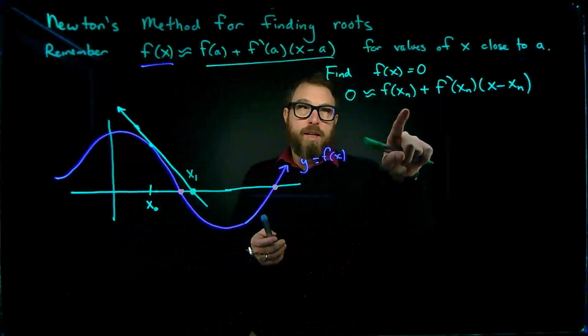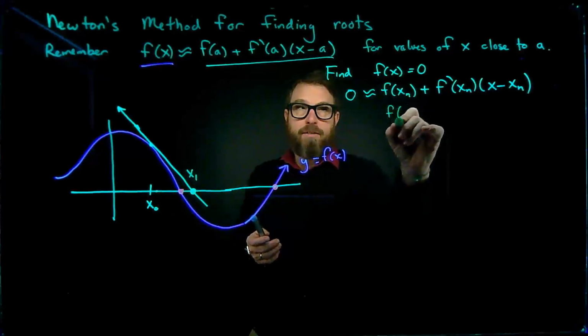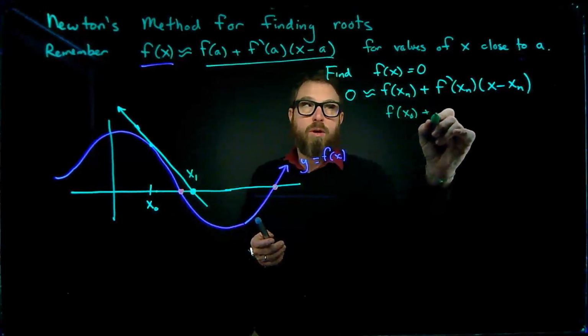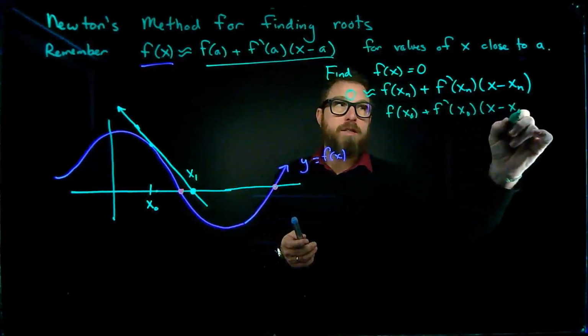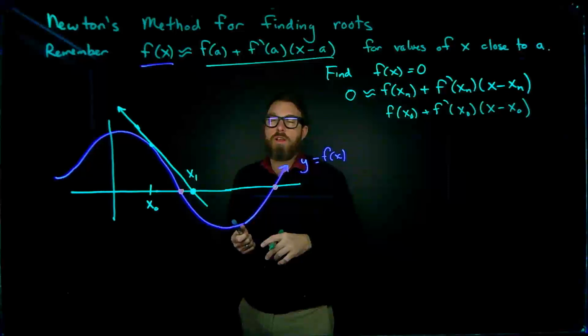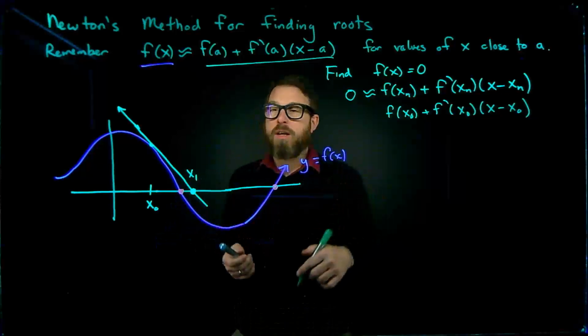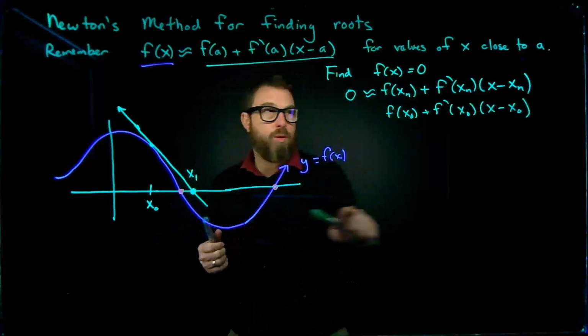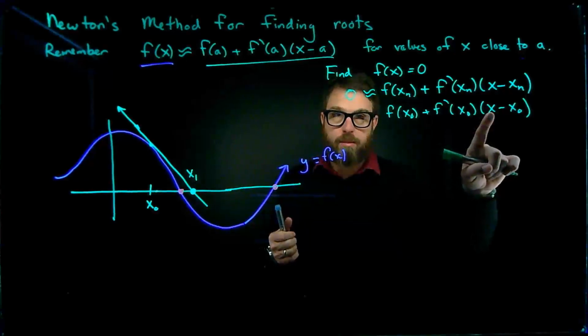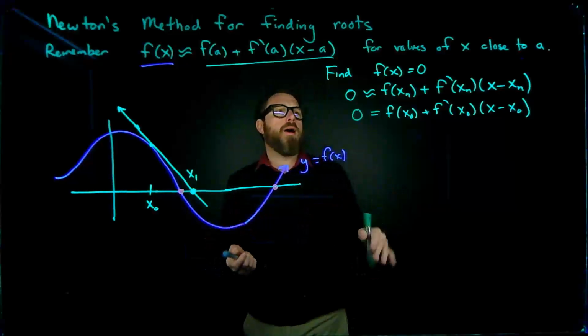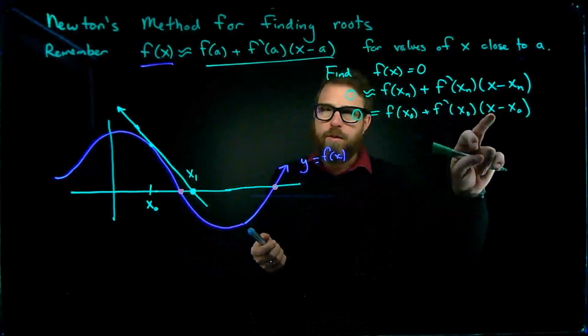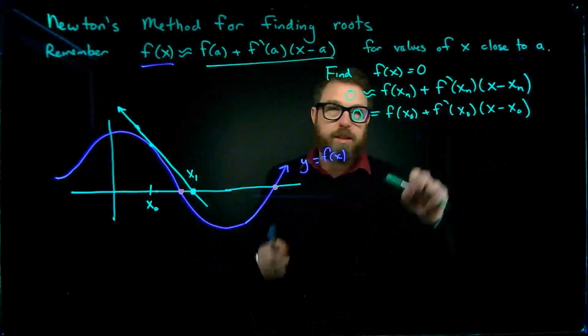So the very first thing is I plugged in f of x sub 0 plus f prime of x sub 0 times x minus x sub 0, and I really just tried to figure out where this thing was equal to 0. So this x sub 1 really is the solution at this particular point here, because I'm saying when this thing is equal to 0. So I'm going to go ahead and solve this for this x value, which ends up being this piece here.